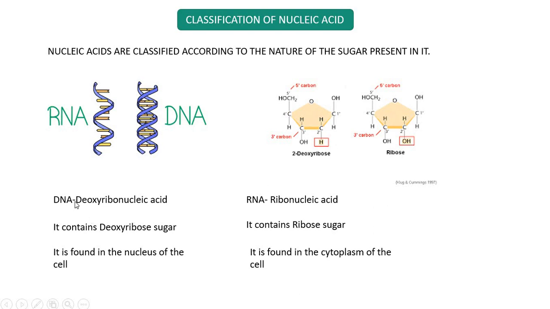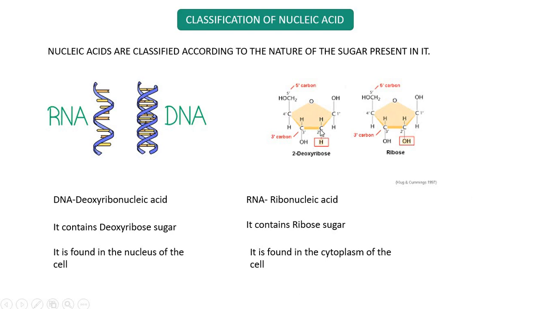As I said earlier, DNA contains this deoxyribose sugar. So this is the structure of deoxyribose sugar. You can see here it is a 5-membered oxide ring. This first carbon is the anomeric carbon, as you know, and it has an OH group above the plane of this ring. And at the 2 position there is an absence of OH group.